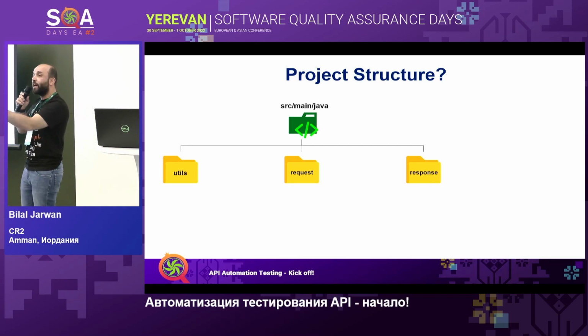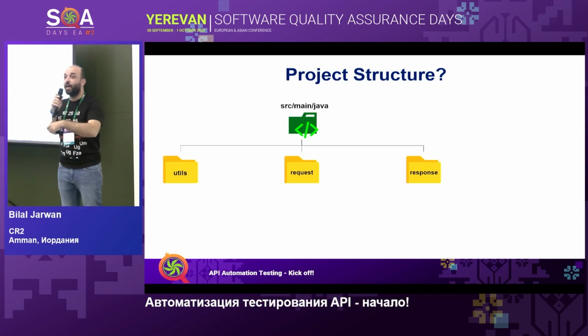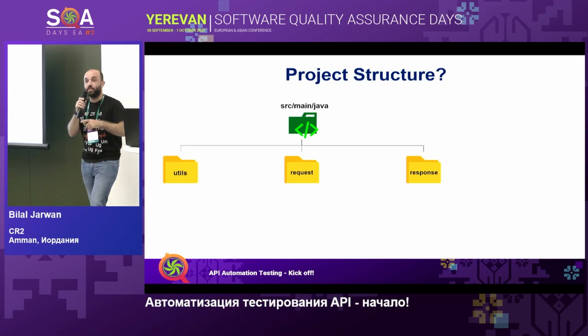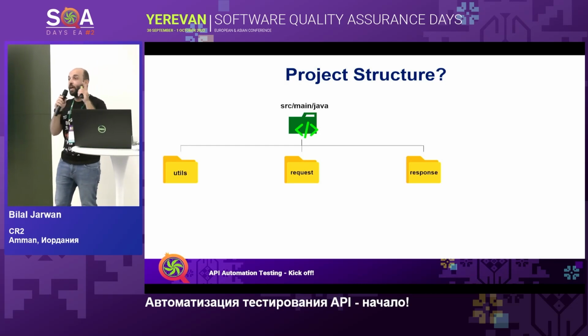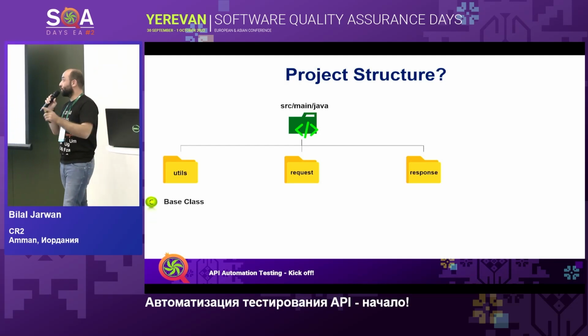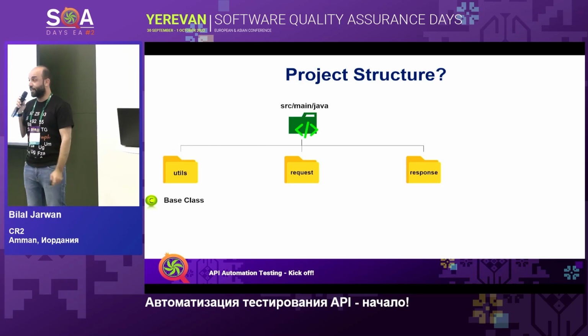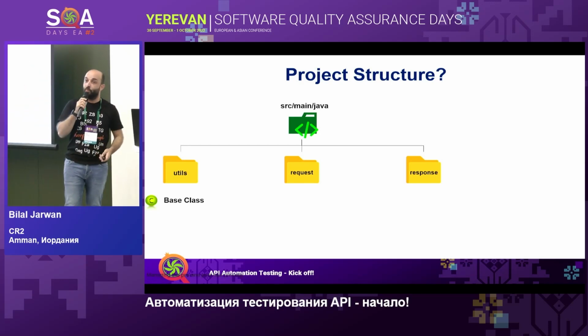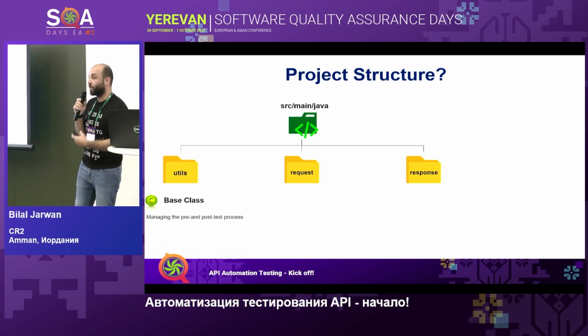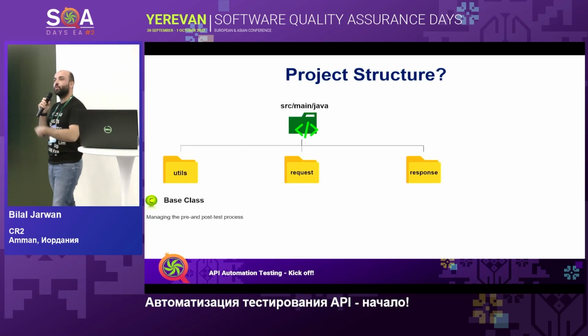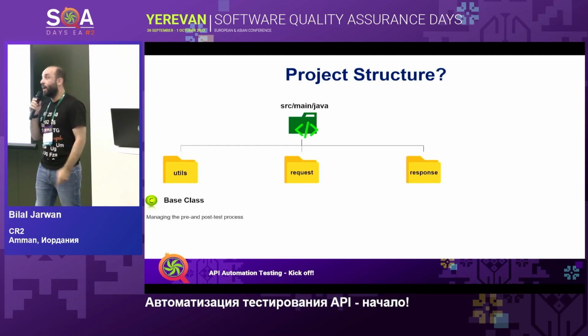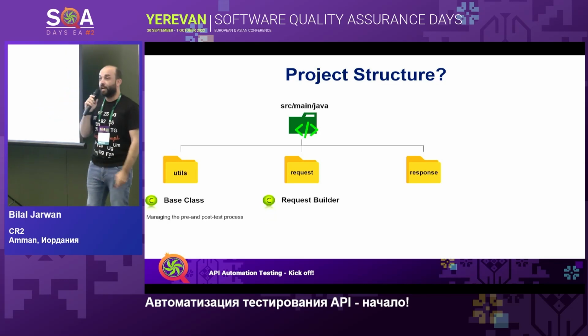Under each package, we will have different classes, and each class has some methods that will be executed depending on our needs. If we see what we have under utils, we will have the base class, and this will be just to monitor our test, what we need before each method, and what we need to do after each method. And then the second package will be the request.